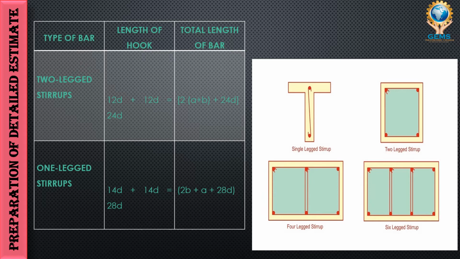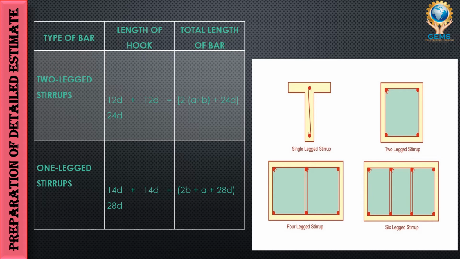Imagine this is a single-legged stirrup. This horizontal portion is called A, and the vertical is called B. For a two-legged stirrup, this portion is called A and this one is called B. For one-legged, single-legged stirrups also it is the same: the horizontal portion is called A, this one is called B. But in the stirrups we will have bends here, and that portion will be 14D.